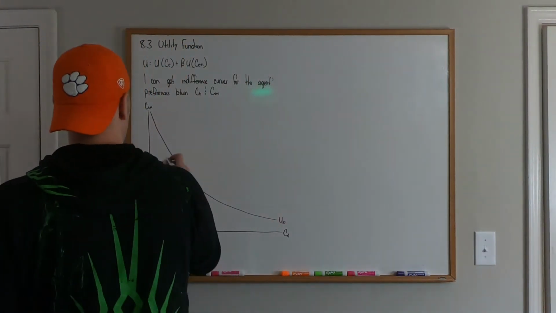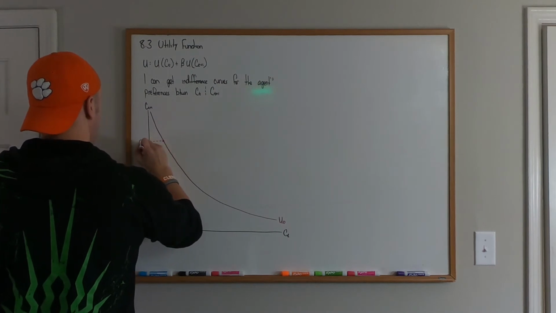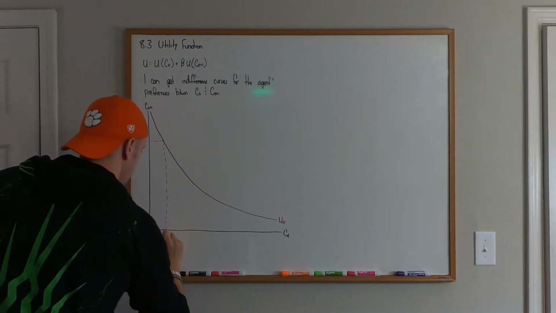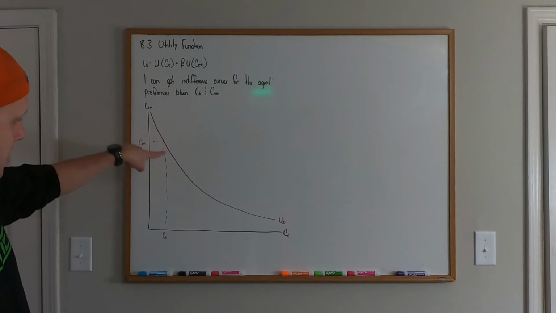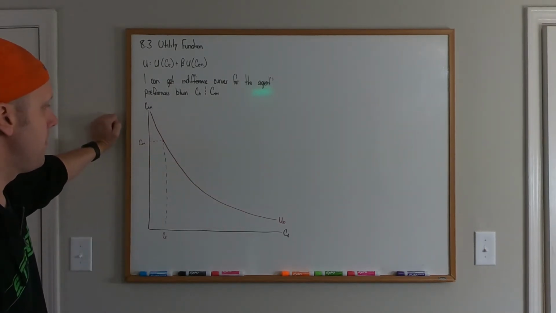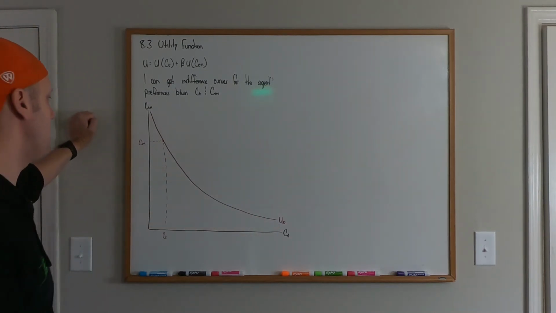Now, if I want to consume this much tomorrow and this much today, it is on this particular indifference curve, and I am happy. I'm at a level u sub 0 of utility.